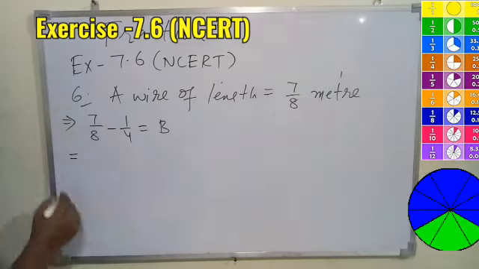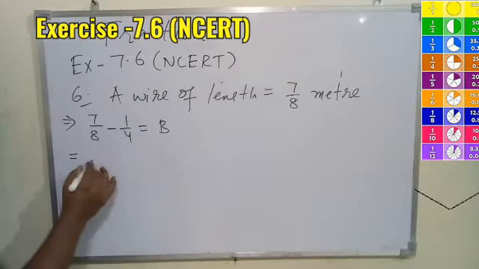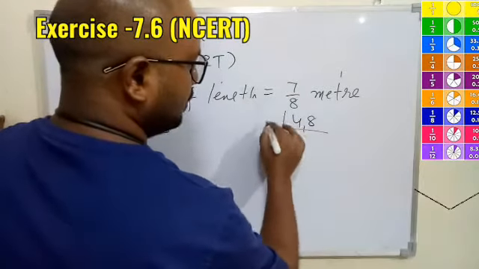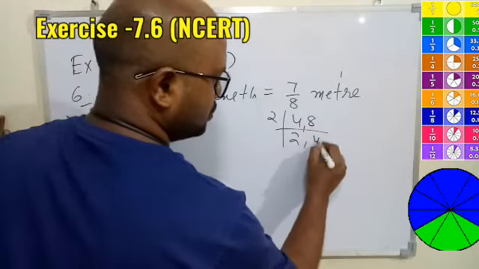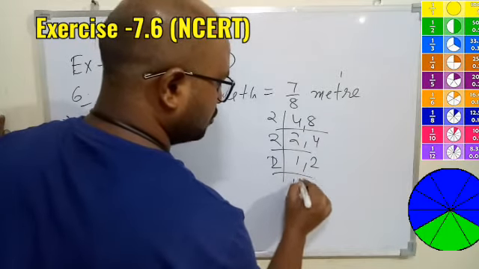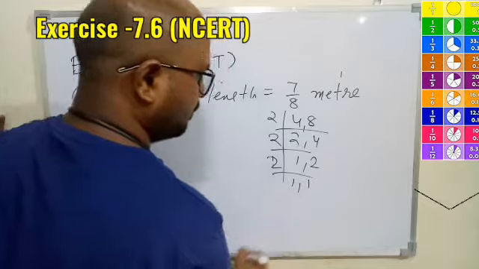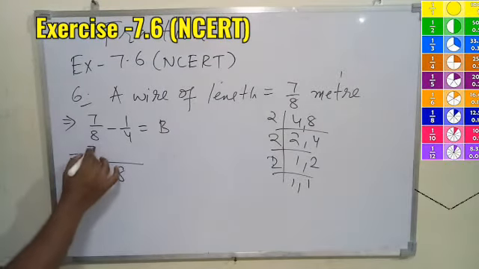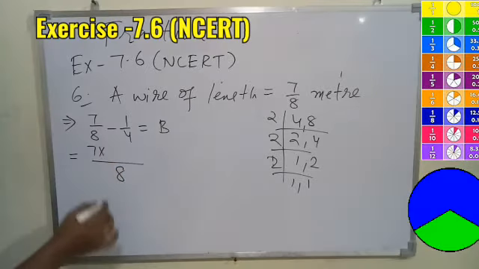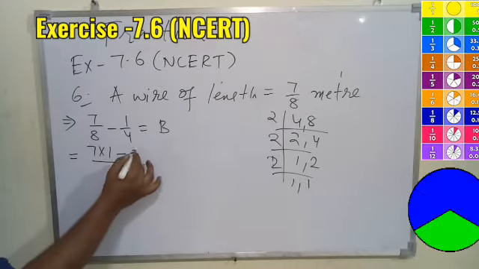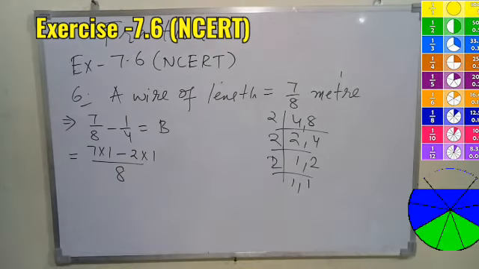So let's continue. This will be how much? Again 4 by 8. You can find the LCM and we have already done it. The LCM is 8 only. So 7 multiplied by 8 divided by 8 is 1. Minus will be minus. 8 divided by 4 is 2 multiplied by 1.